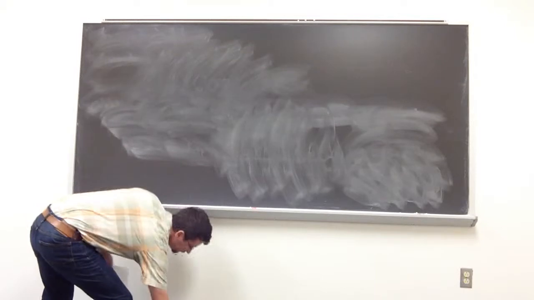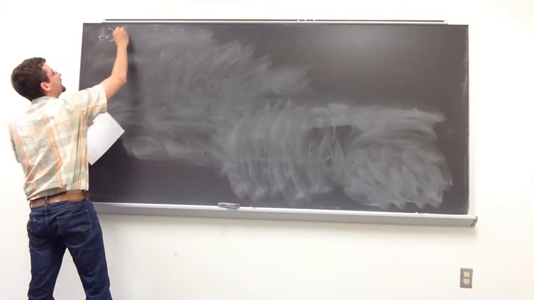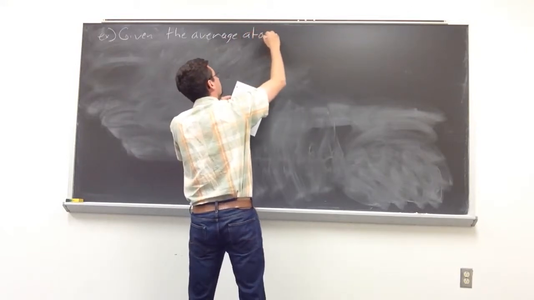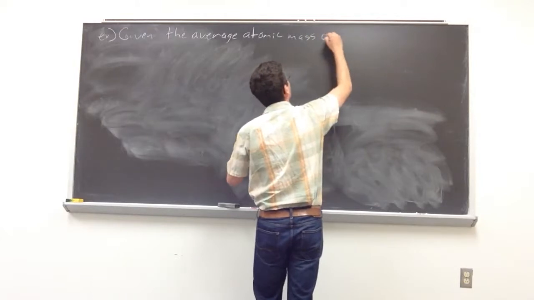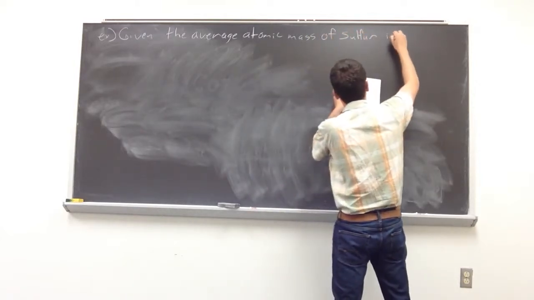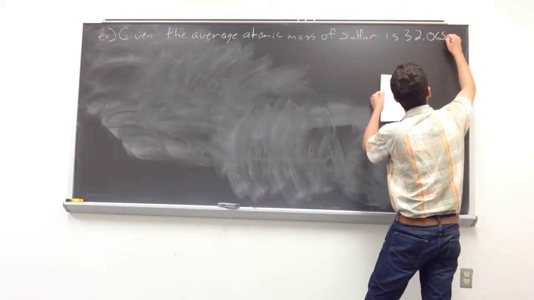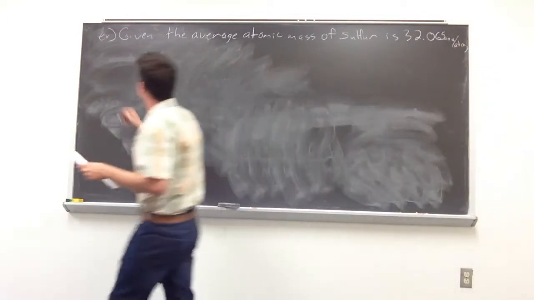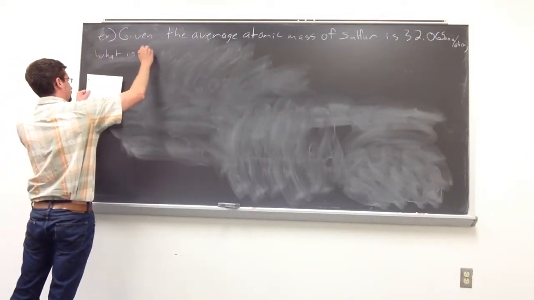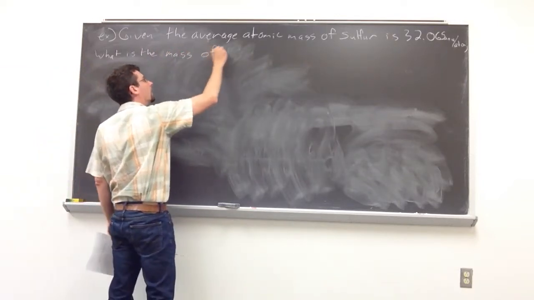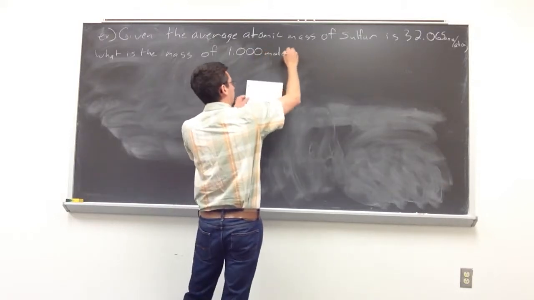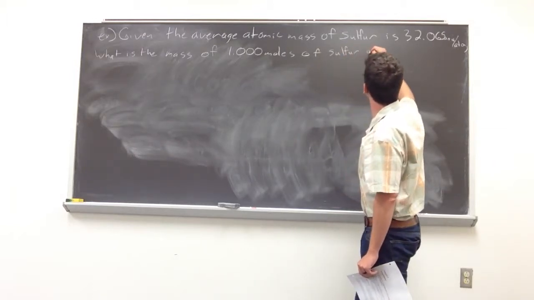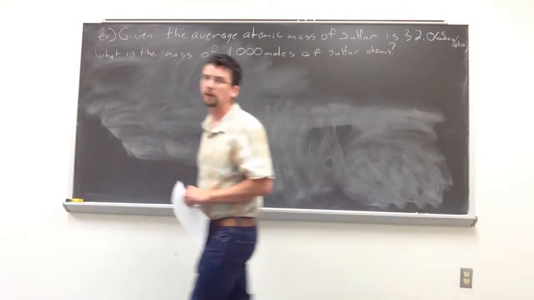Given the average atomic mass of sulfur is 32.065 AMU per atom, what is the mass of 1.000 moles of sulfur atoms? So we're going to ask that question.